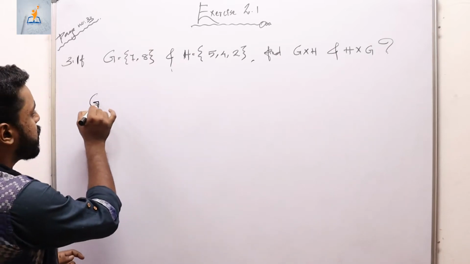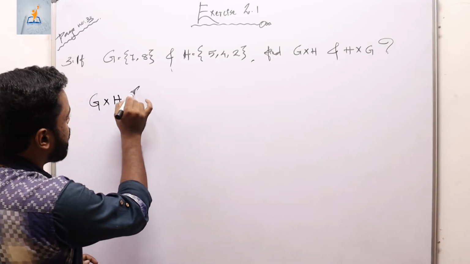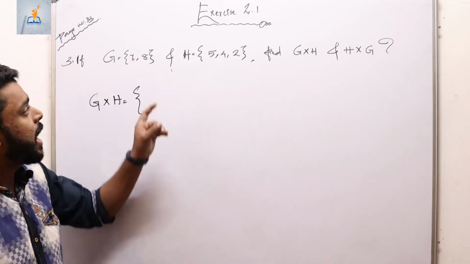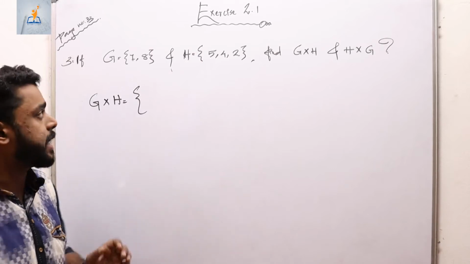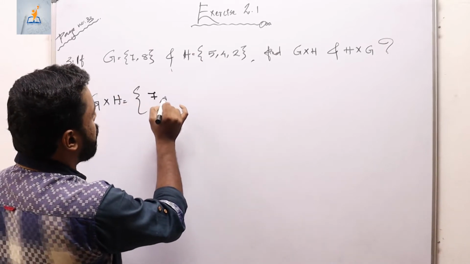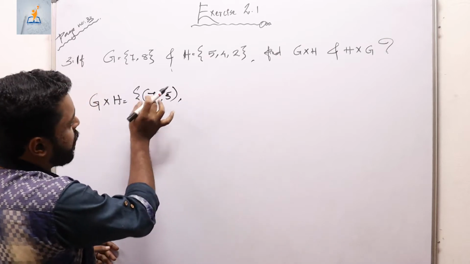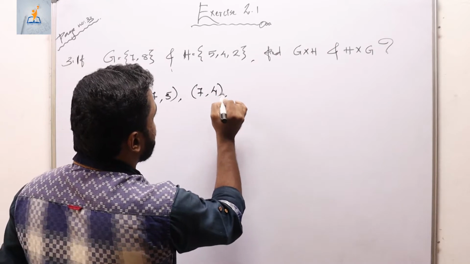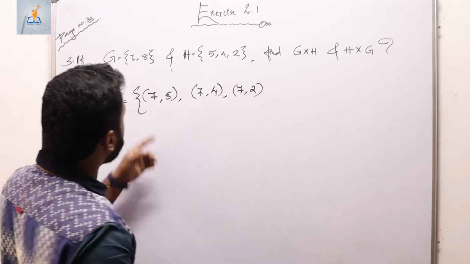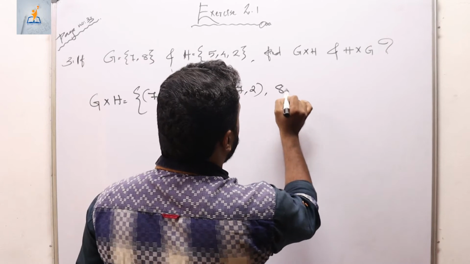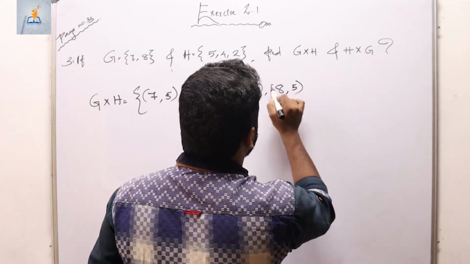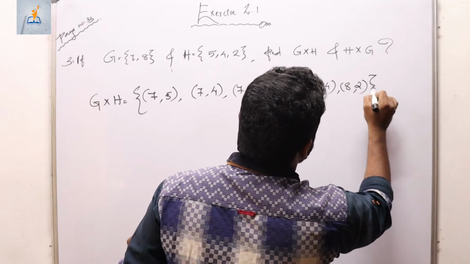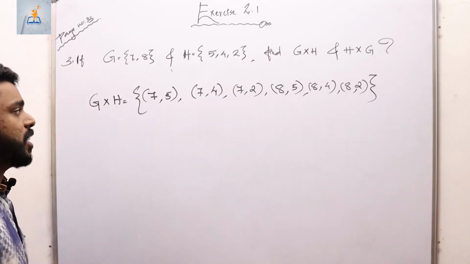We know that G cross H is the set of all ordered pairs where the first element must come from G and the second element must come from H. We can make the ordered pairs fixing the first element as 7 and varying all these elements, we get (7, 5), (7, 4) and (7, 2). Again, fixing the first element as 8 and varying all the elements, we get (8, 5), (8, 4) and (8, 2) as the set of all ordered pairs in G cross H.